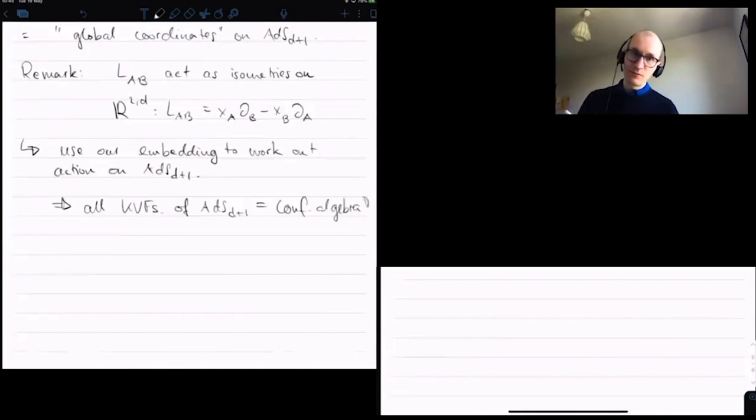But I just wanted to point out that it's easy now, or algorithmic anyway, there's a bit of calculation there, to get precisely how the conformal algebra acts on this space. And by construction, these are going to be isometries and the exhaustive list of isometries of this space. I hope that's clear.